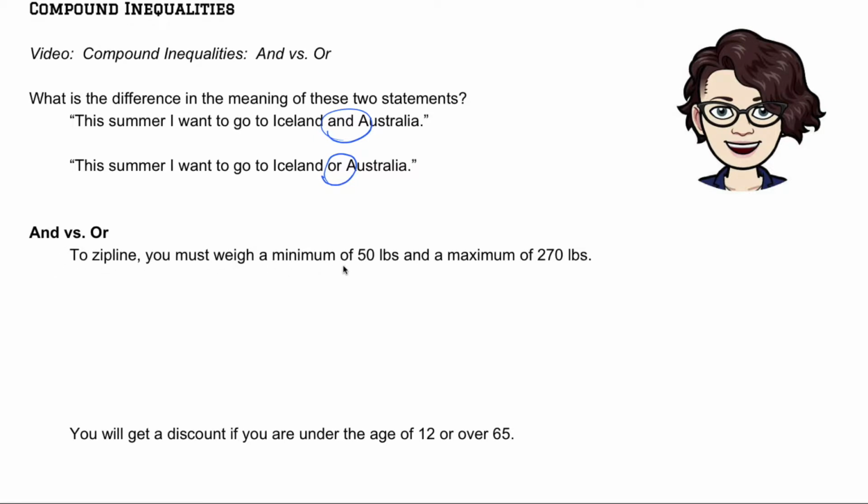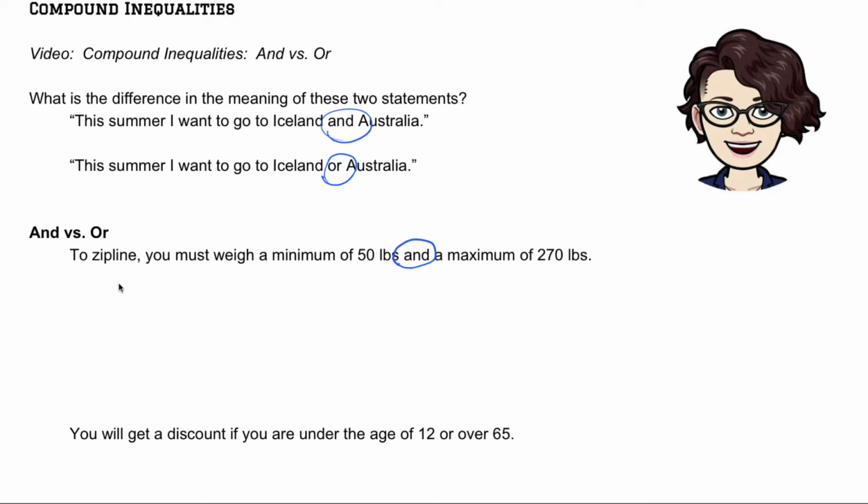You must weigh a minimum of 50 pounds and a maximum of 270 pounds. So we see this word and. That means that both of these have to be true. You have to be a minimum of 50 pounds, and a maximum of 270.